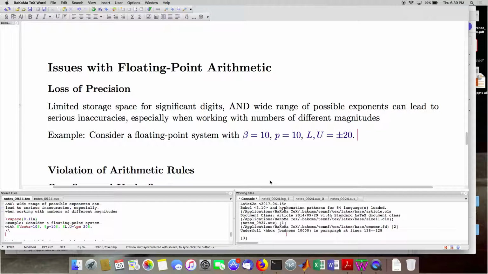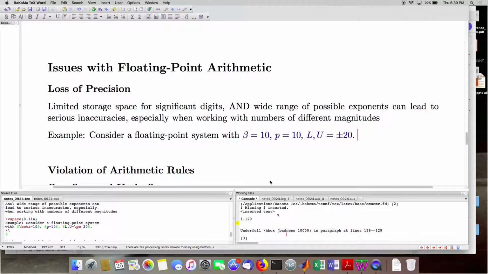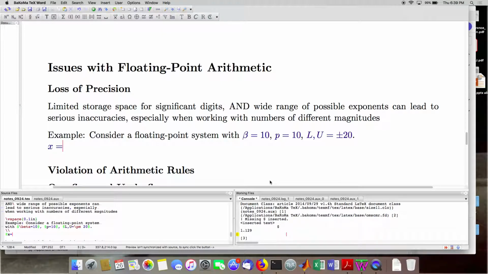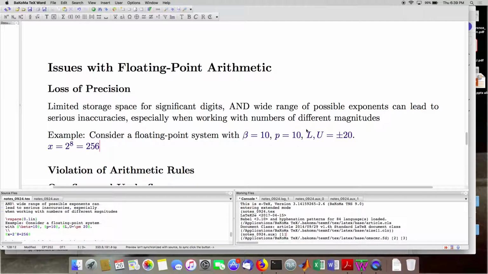So the numbers that I'll work with here: one is fairly large. Okay, so 10 to the 8th, sorry, not 256.